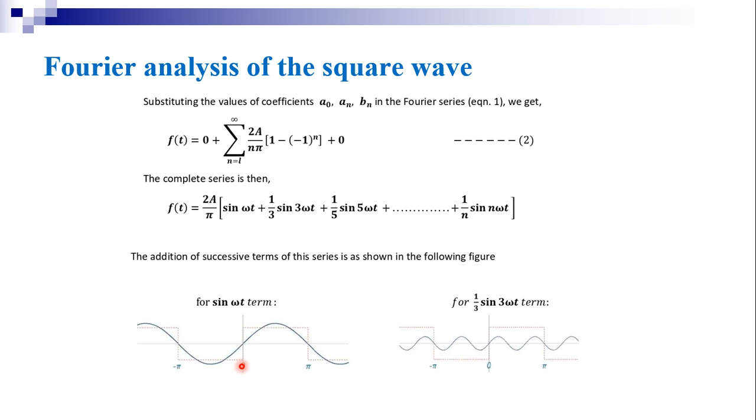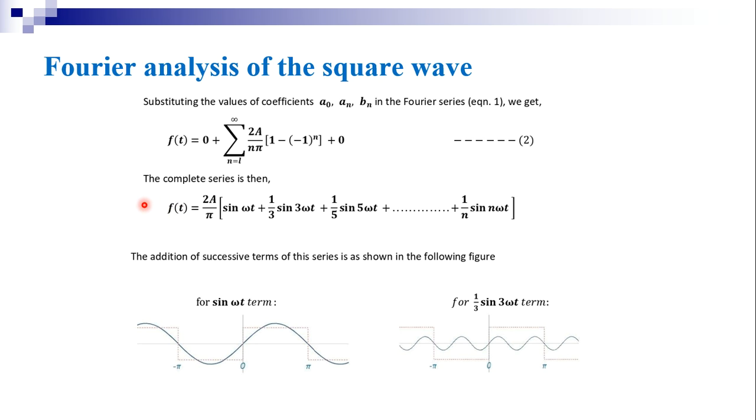Next, substituting the values of the coefficients a0, an and Bn in the Fourier series in equation 1, that is the Fourier series equation, we will get f of t is equal to 0, that is for a0, plus for an we will get summation n is equal to 1 to infinity 2a by n pi into 1 minus of -1 to the power n, plus 0.